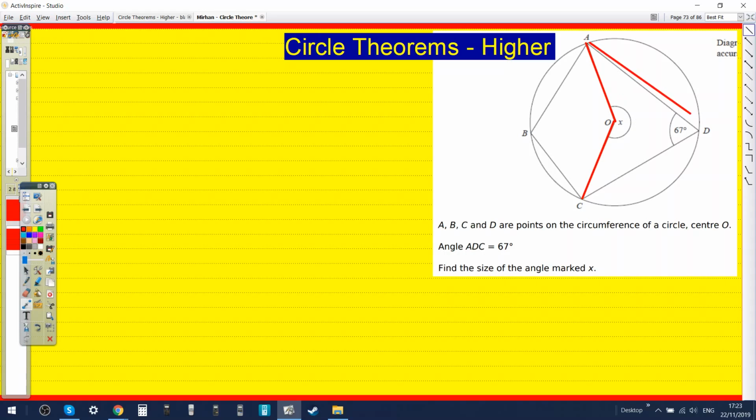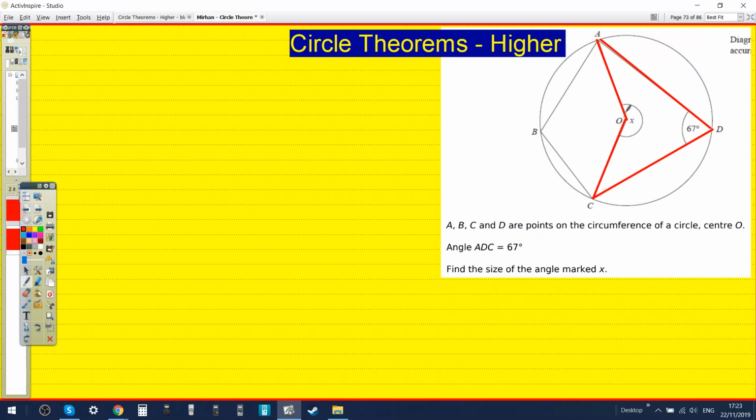It makes this arrowhead shape. Any idea how you can use that to get that angle on the other side of X? We have to work out angle O, so it's not 180 minus 67, is it?